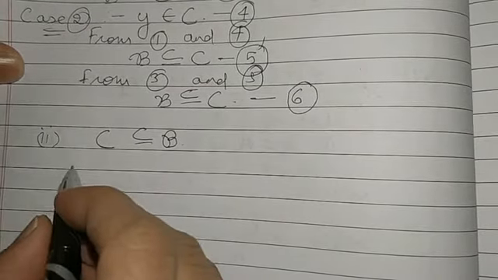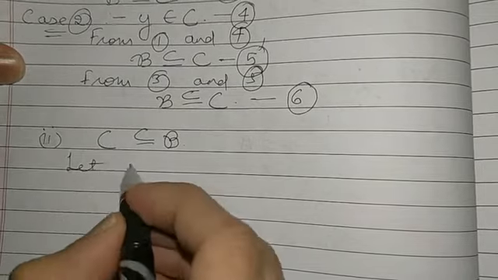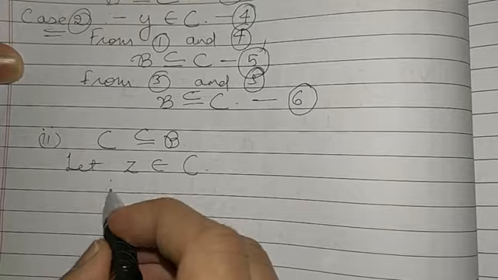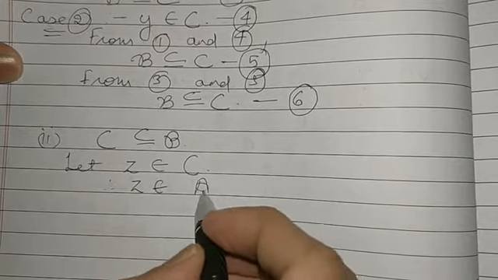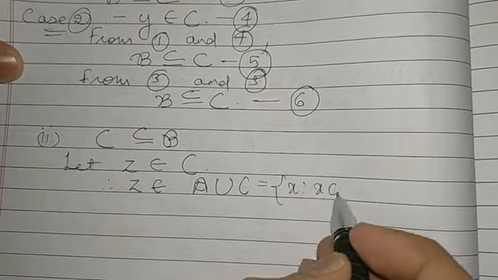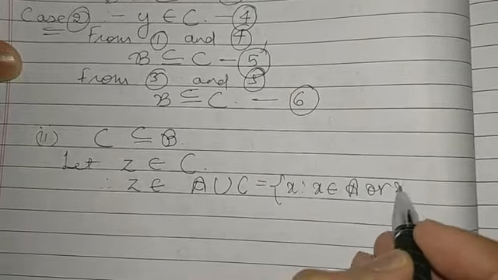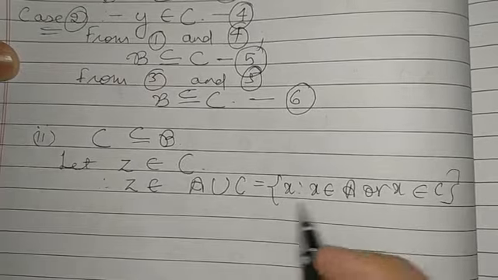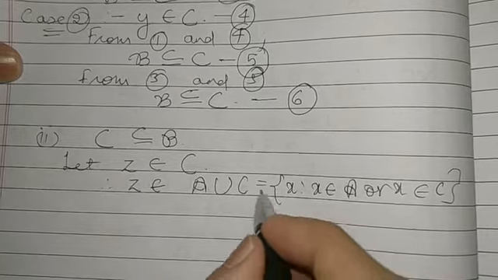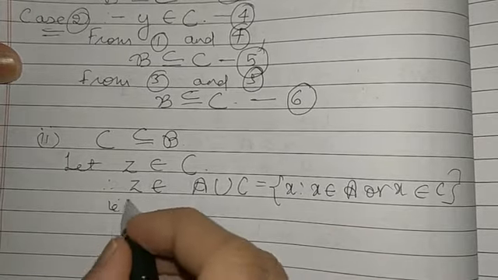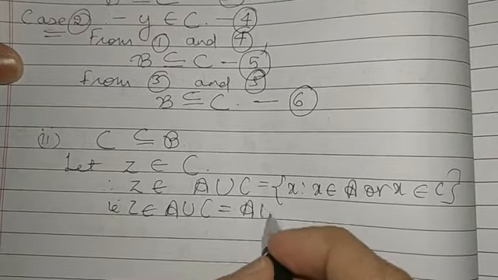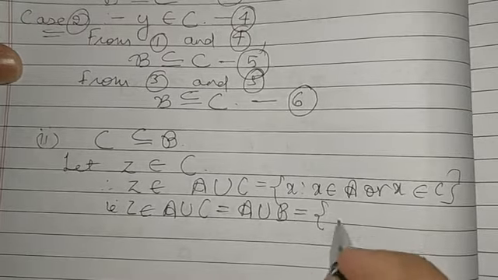Take one element, say Z in C. So Z will belong to A union C, which is X such that X belongs to A or X belongs to C. That is Z belongs to A union C, which is equal to A union B. This is given to us.